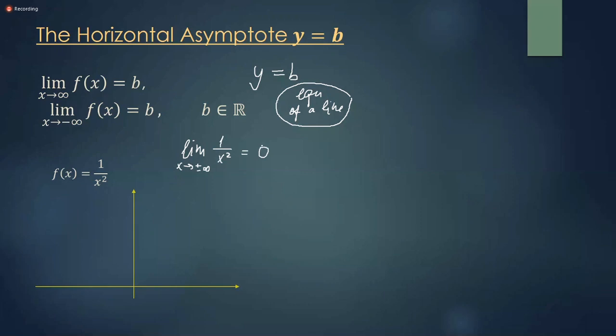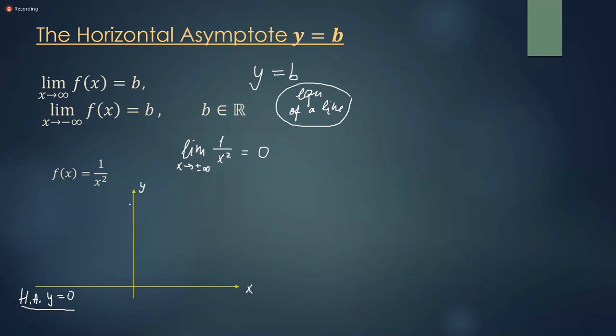When x tends to infinity, the limit is 0, no matter what, which means y is 0, that is, the x-axis is the horizontal asymptote. So this is the horizontal asymptote for this graph. Horizontal asymptote, y equals 0. The x-axis is the horizontal asymptote.